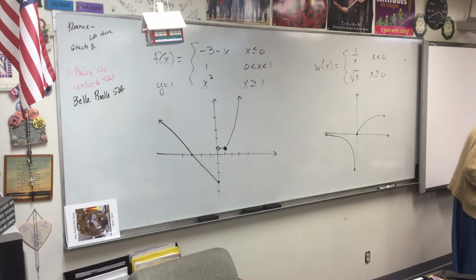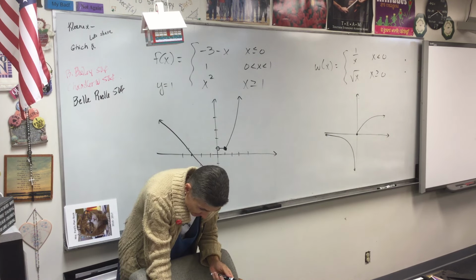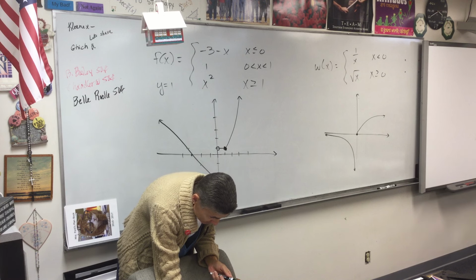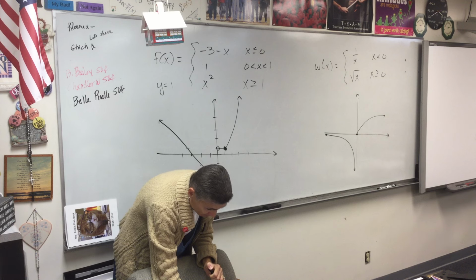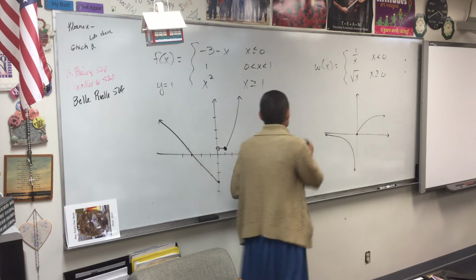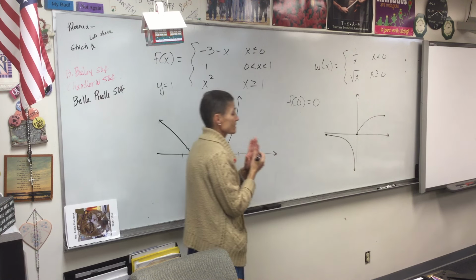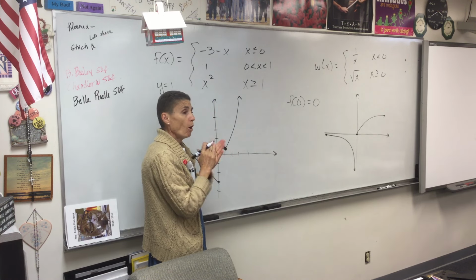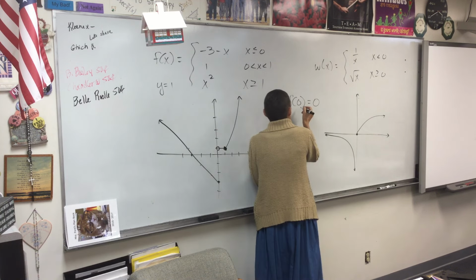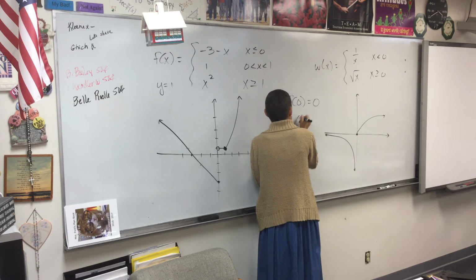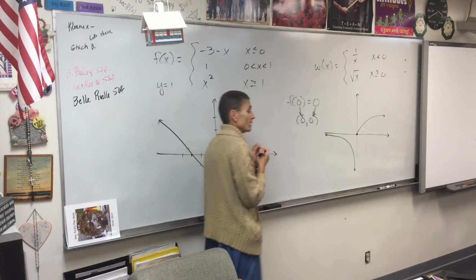One more on this page, but it's not a graph. Problem 69A. 7 of the 12 basic functions have the property that f of 0 equals 0. Now I picked this problem because I want you to always, always, always recognize that this notation gives you points, ordered pairs.